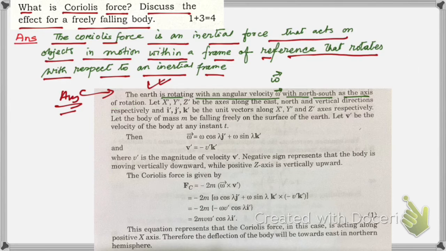Suppose this is your earth, and this is east, this is west, this is north, and this is south. So we have taken the axis of rotation as north and south. It must be rotating like this, because the sun rises in the east and sets in the west. So this is the axis of rotation, rotating with angular velocity omega. We can consider that way.